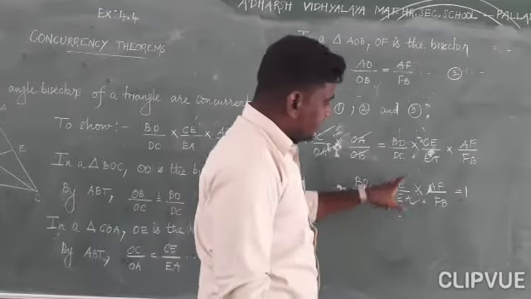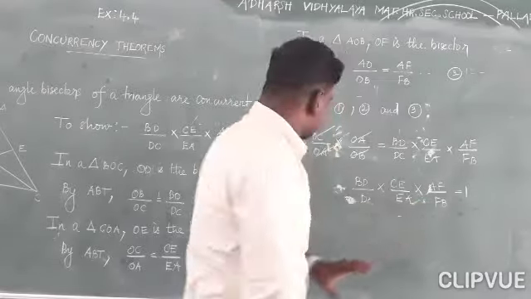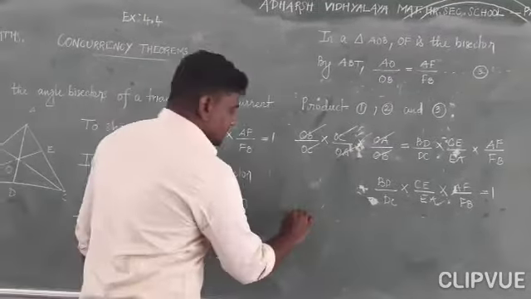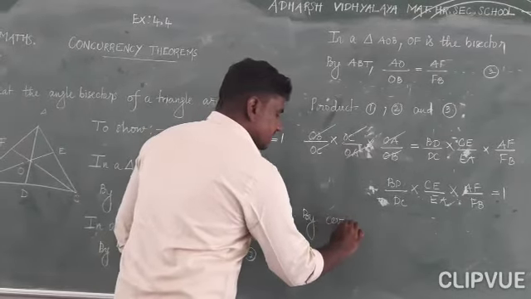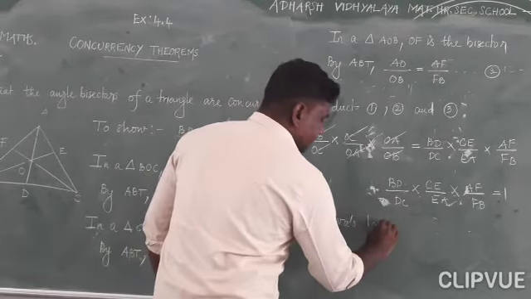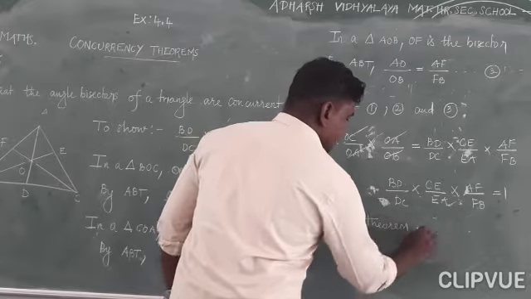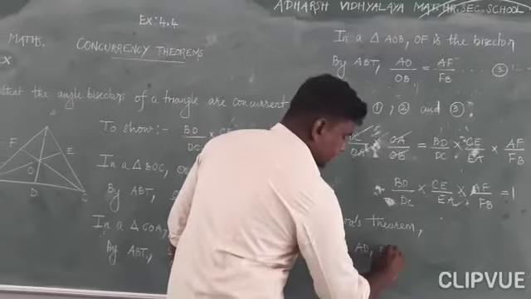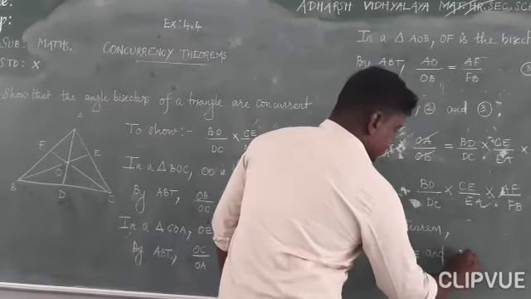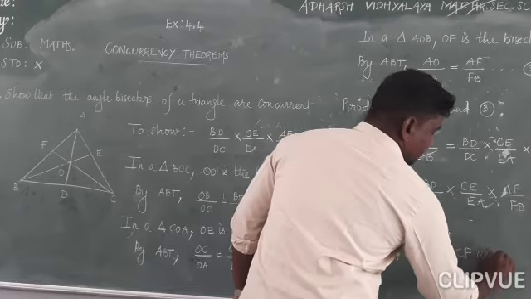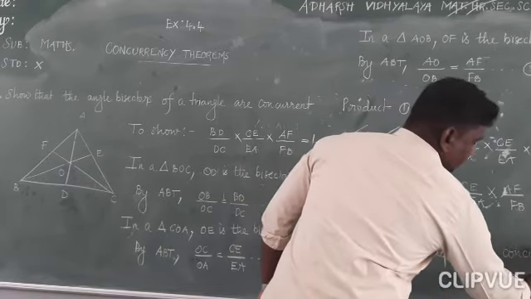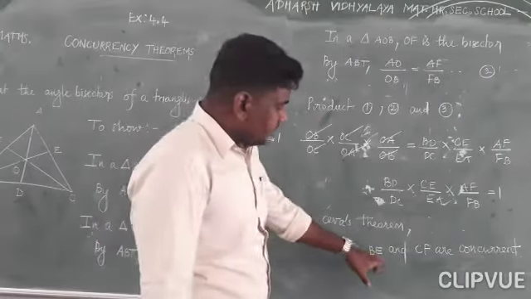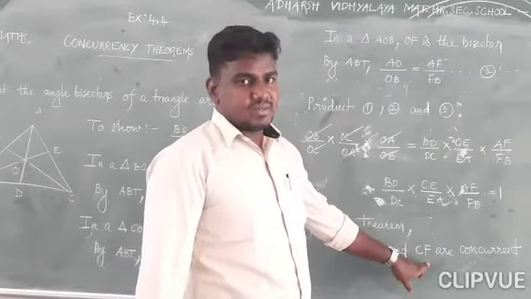So BD by DC into CE by EA into AF by FB equal to 1 means AD, BE and CF are concurrent by Ceva's theorem. These AD, BE and CF are angle bisectors.